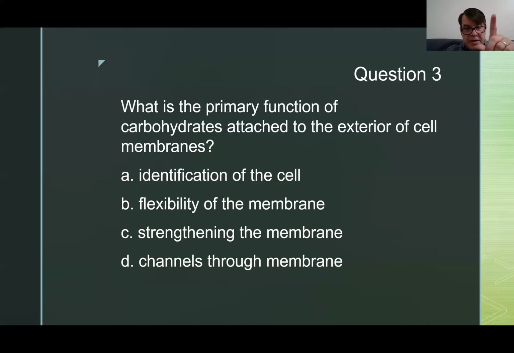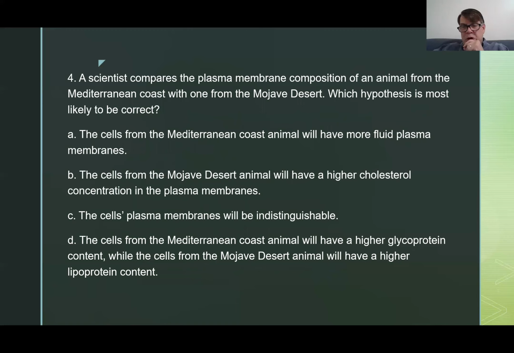So I'm thinking that it's A. I don't know that it's strengthening. It's not a channel through the membrane. I don't think it adds to the flexibility. But do not take my word for it. You need to think for yourself. In fact, maybe I shouldn't do these questions. Okay, this one was hard. I really am not sure about this one.